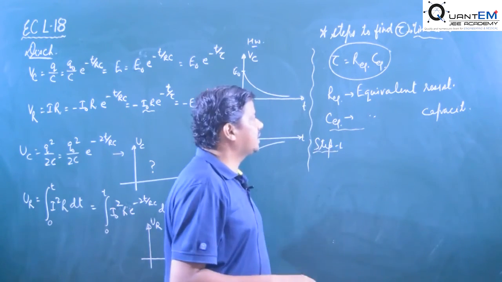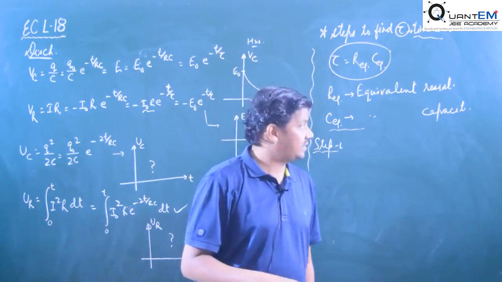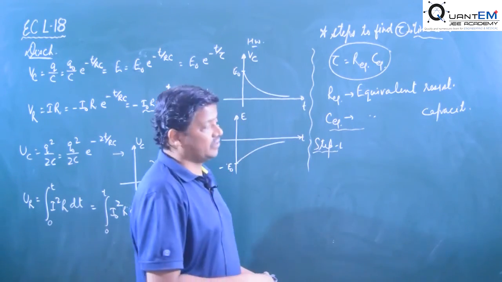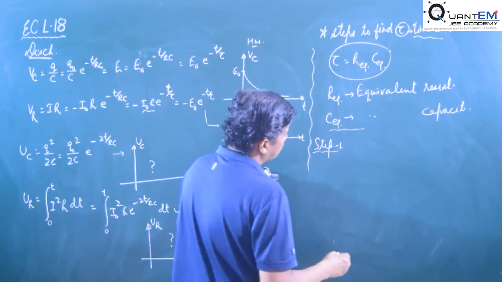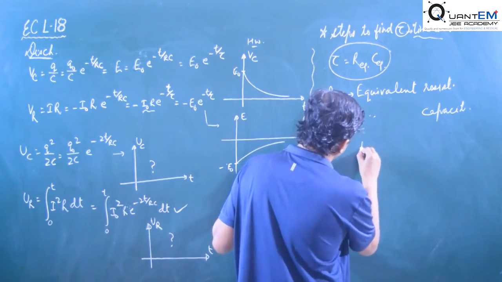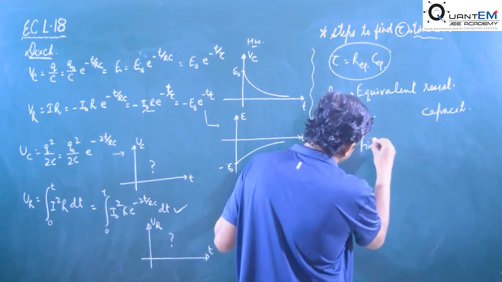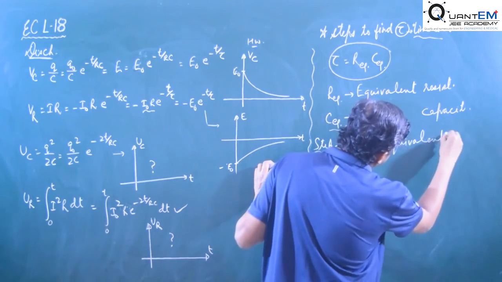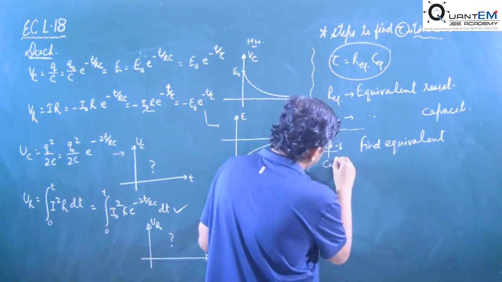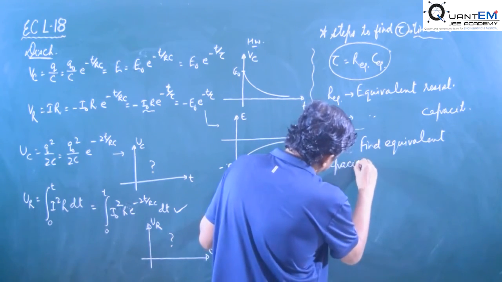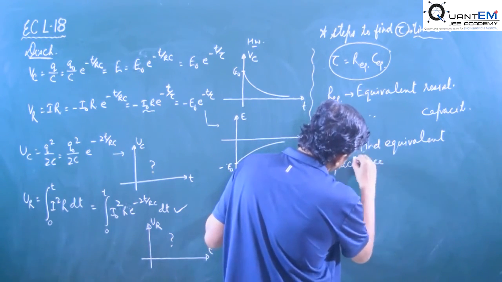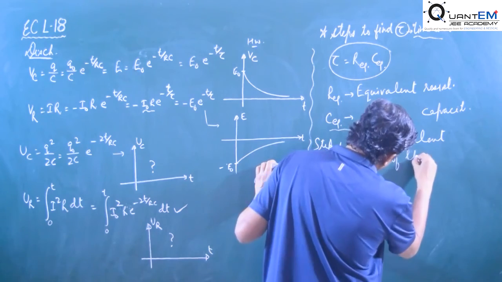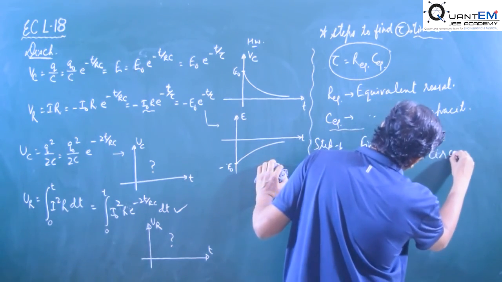Okay, so first step, firstly you get the equivalent capacitance of the circuit. Okay, whatever the circuit we have during charging or discharging. So firstly find the equivalent capacitance of the circuit you have to get initially.